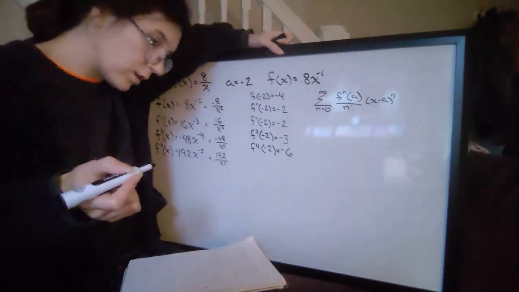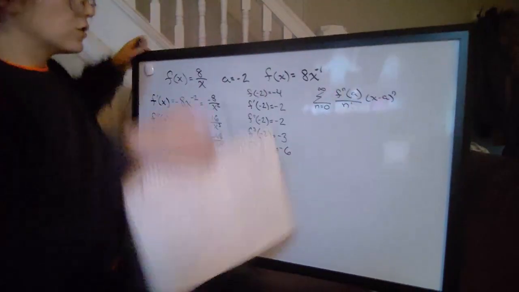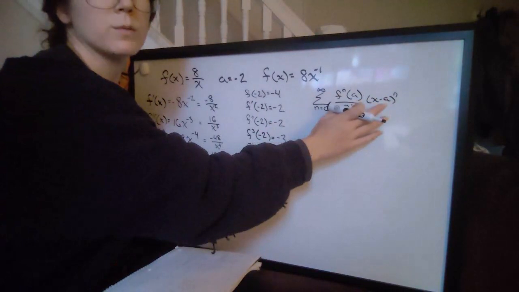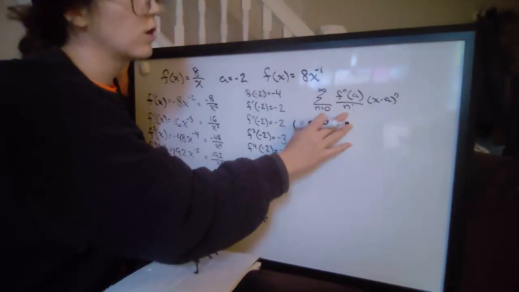Okay, so when we start at 0, anything raised to the 0 power is going to be 1. 0 factorial is also going to be 1.